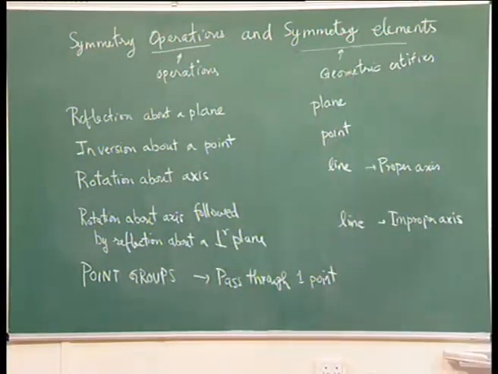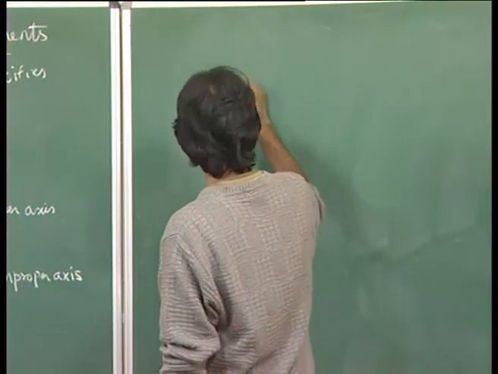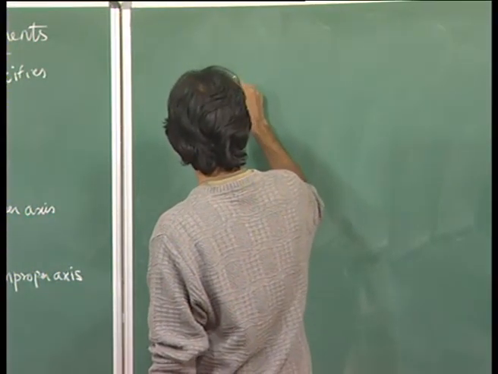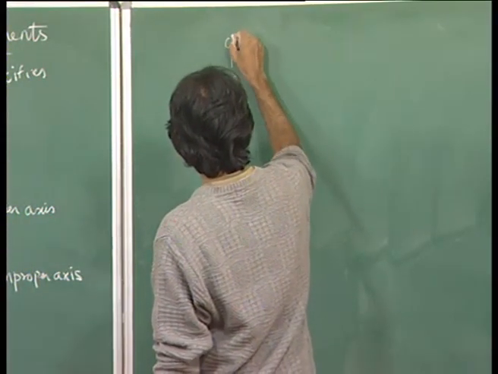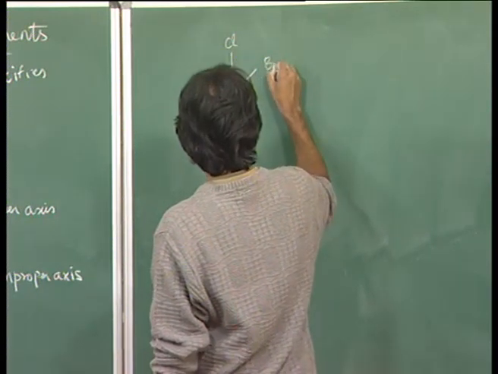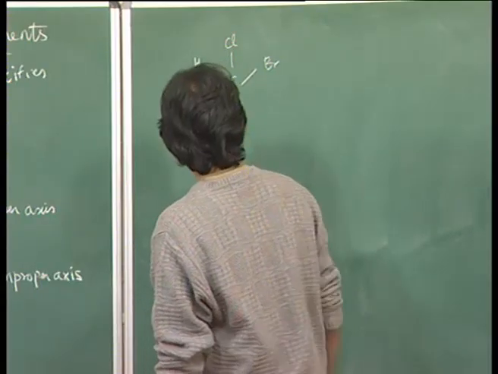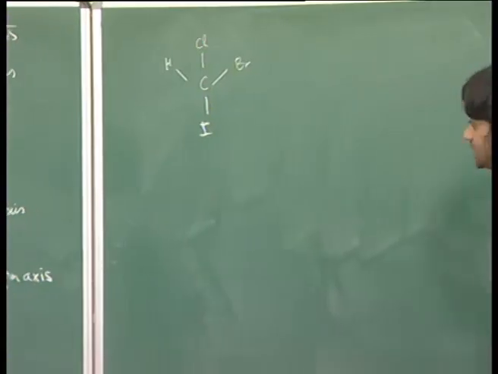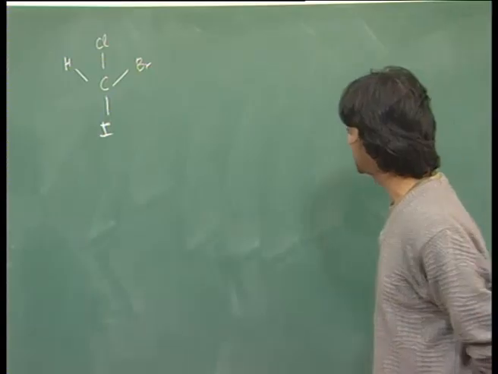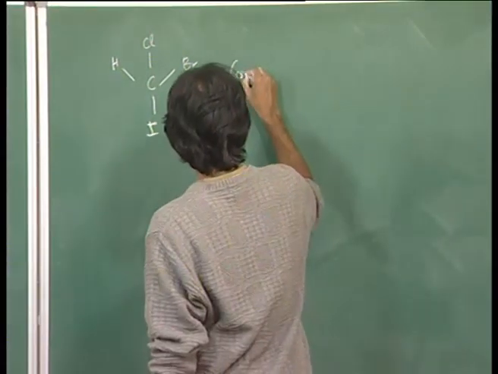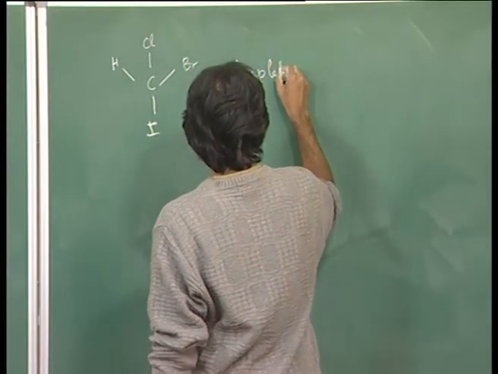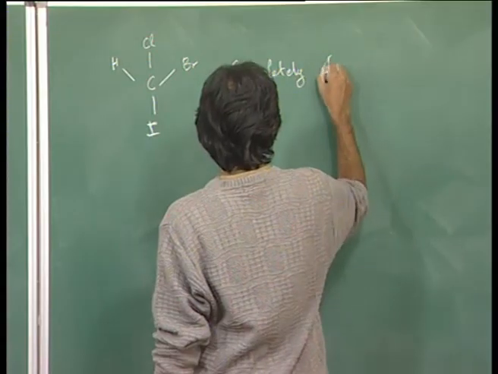Now, consider a molecule, let's take a molecule of the form Cl Br H I. So, this is a completely asymmetric molecule.